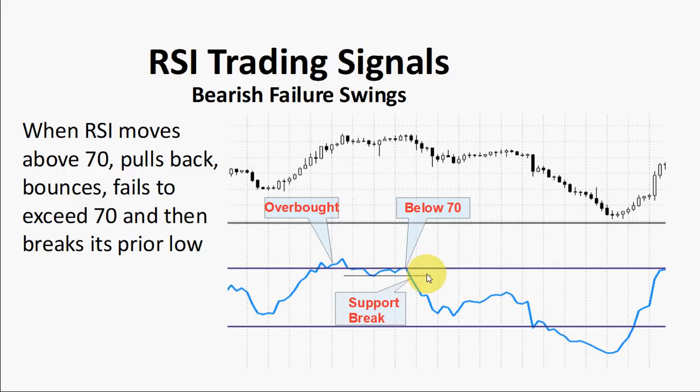So when it breaks its own prior low, that is a sell signal for you. This is a sell signal right at the point where it breaks its prior low. So this is the bearish failure swing signal.